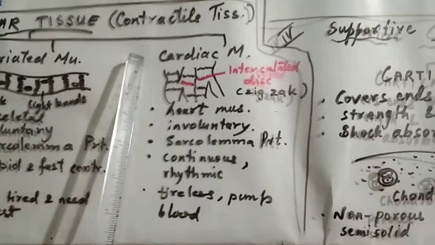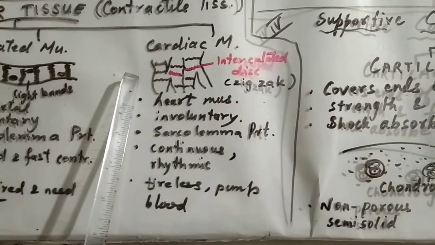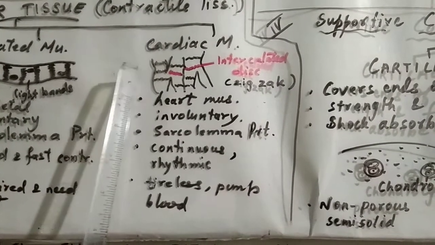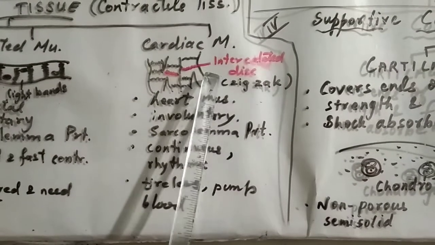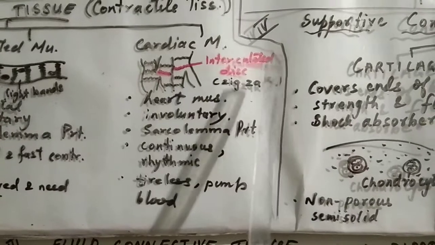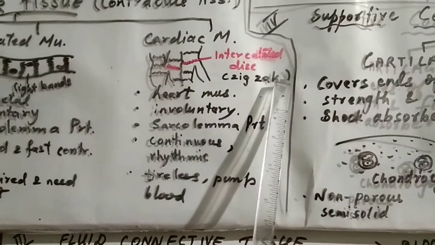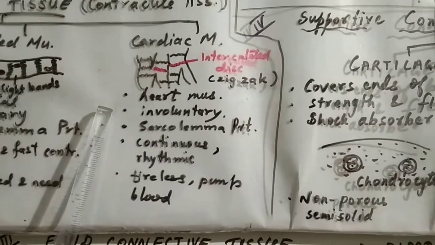The third type is called cardiac muscles. The cardiac muscles, as you can see, are highly branched. They have dark and light bands, and a special disc is present in them called the intercalated disc, which is zigzag in shape. Now, they are involuntary in function.